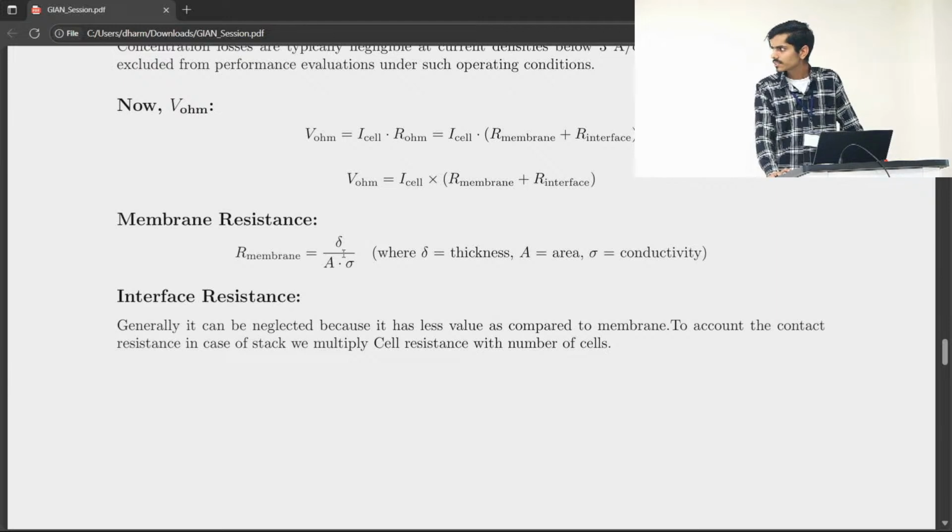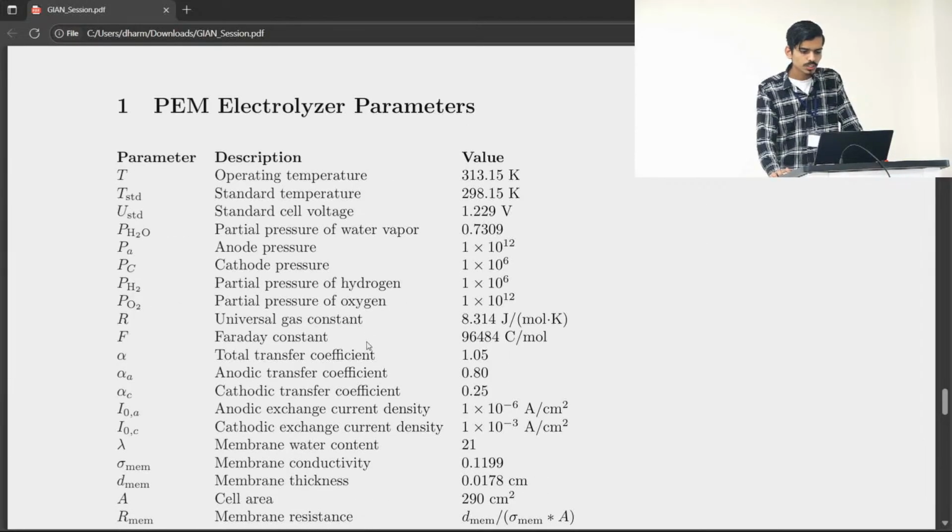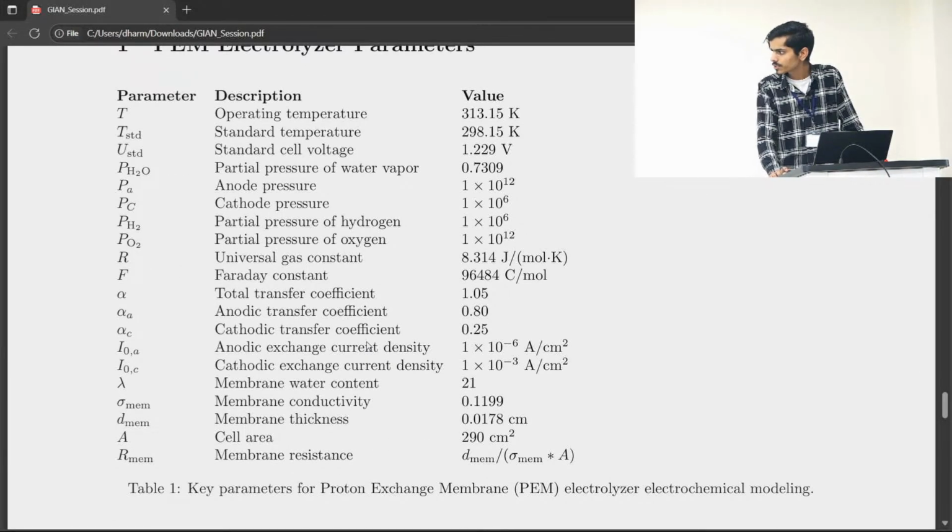In future research, scientists are working on developing models for membrane-less electrolysis, so that our membrane resistance decreases and our efficiency increases. So these are the values which we are going to use in our modeling. You can take a screenshot of that.